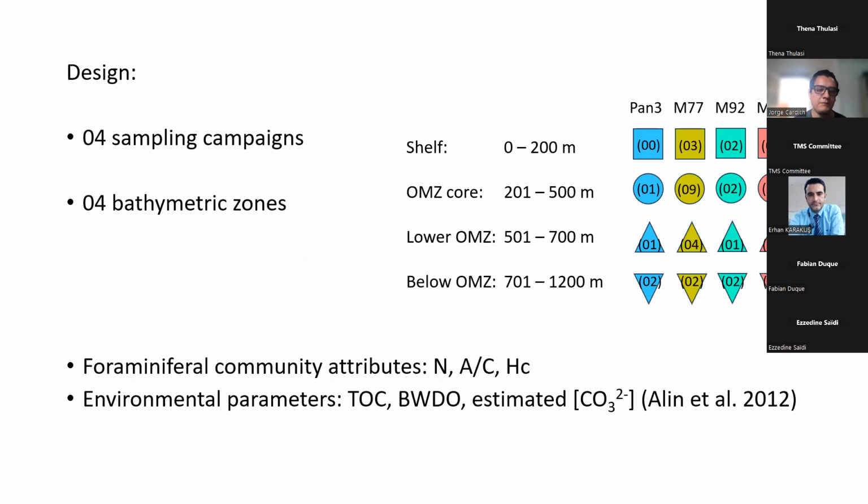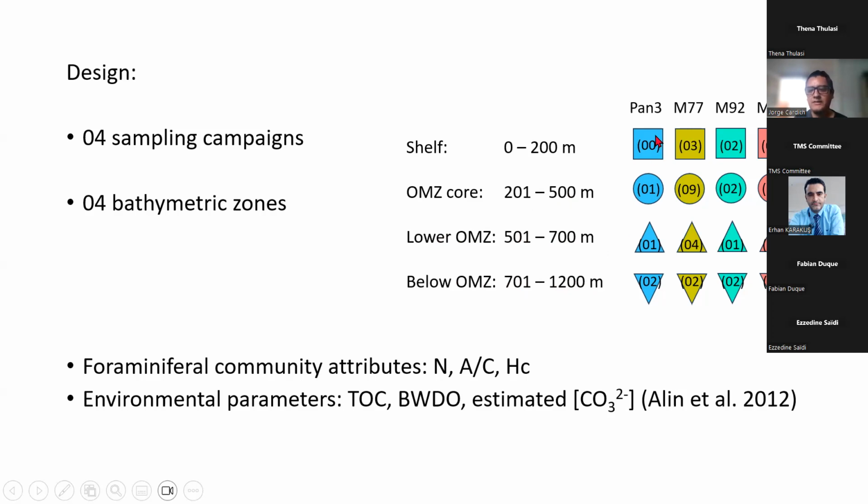We have 4 sampling campaigns, the Panorama and the 3 Meteor cruises. I divided the data in 4 bathymetric zones. That is the shelf from 0 to 200 meters, the OMZ core from 201 meters to 500, the lower OMZ from 501 meters to 700 meters, and below the OMZ, that is 701 meters to 1200 meters.